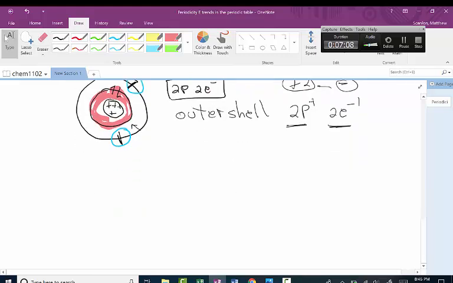If I go to the next element, and I'm not going to move my periodic table, let's jump up to carbon. Carbon is 1s2, 2s2, 2p2. And so here's my nucleus. It has 6 protons.